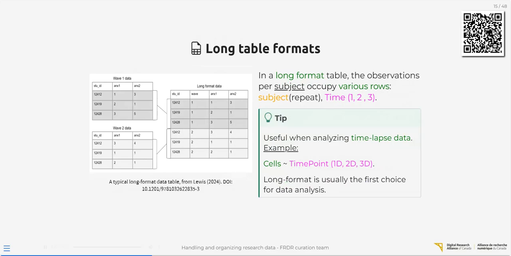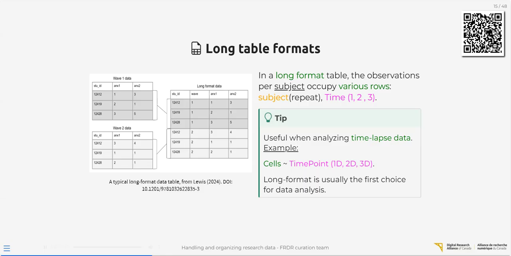Now let's look at long format data tables. In a long format table, each subject appears multiple times, once for each observation or time point. Instead of having different measurements spread across multiple columns, the observations are organized into rows, with an additional column to indicate the time point or condition.